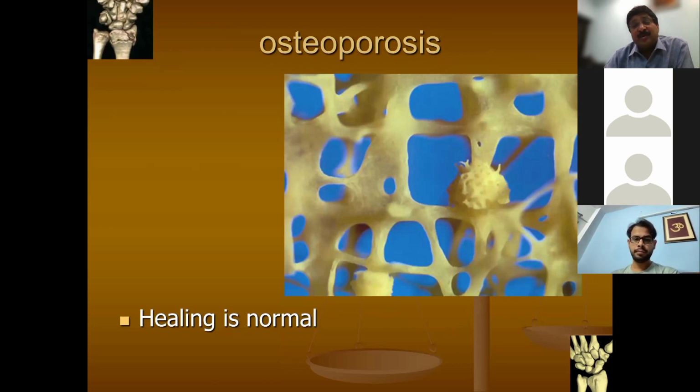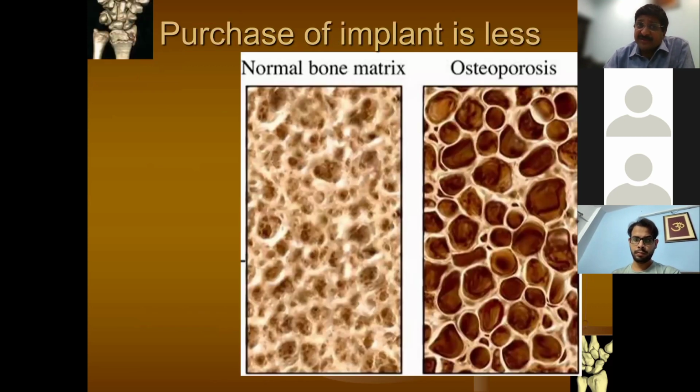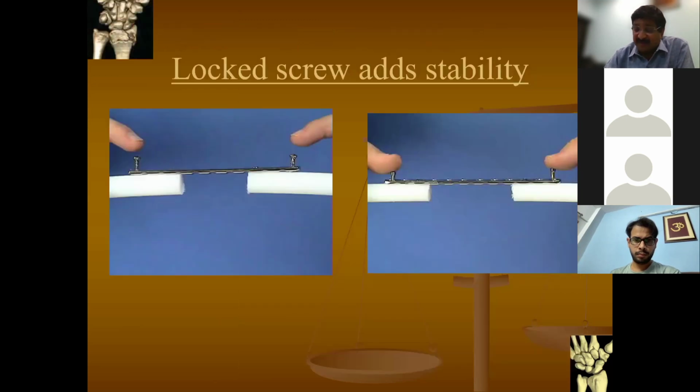Only because bone mass is less, the mass of callus is also less. If we enlarge the normal bone cortex and the osteoporotic bone cortex, you can see the demineralized areas are much higher in osteoporosis. So purchase of the implant is a problem. So in cases of osteoporosis, it is advisable to use a locking plate.